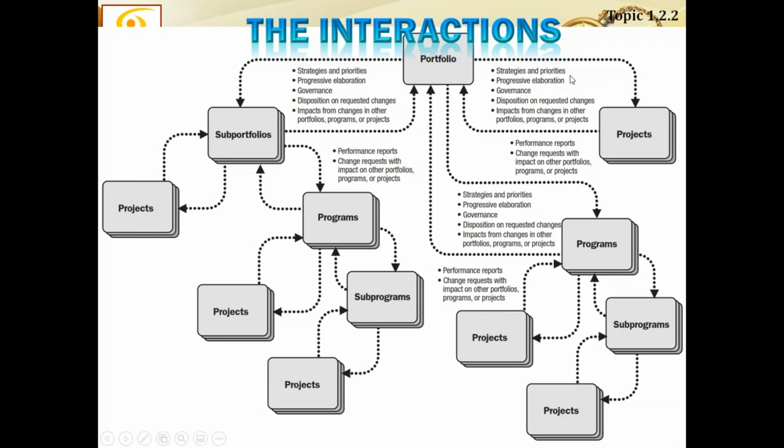It gets the strategies and priorities. It gets the progressive elaboration, governance, disposition on requested changes, and impact from changes in other portfolios, programs, and projects. And in return, it provides back to the portfolio the performance reports, and change requests with impact on other portfolios, programs, or projects, and so on.